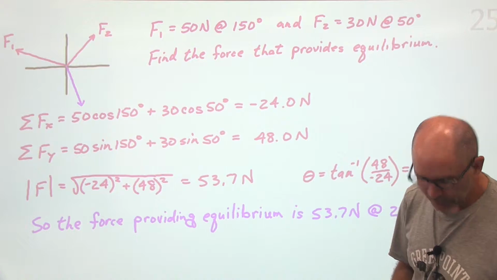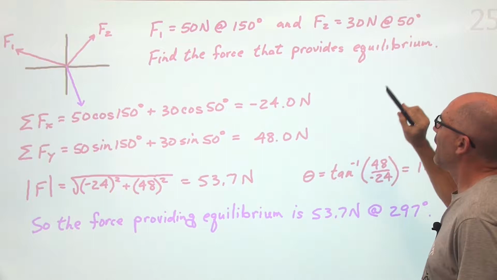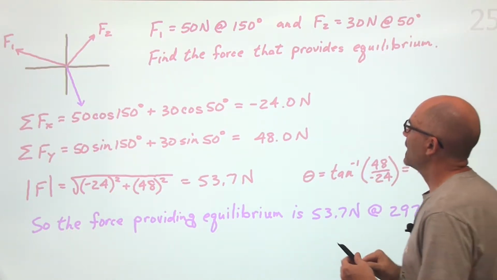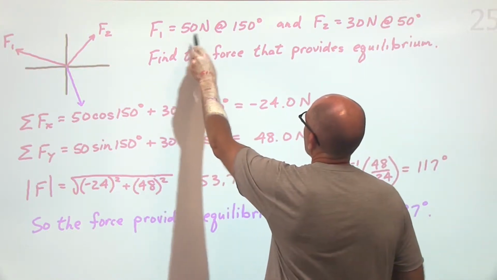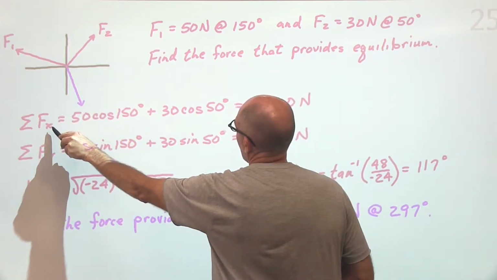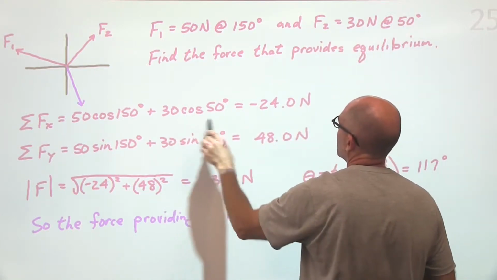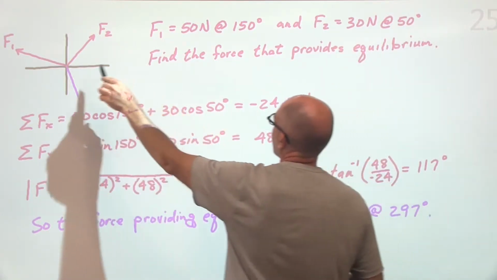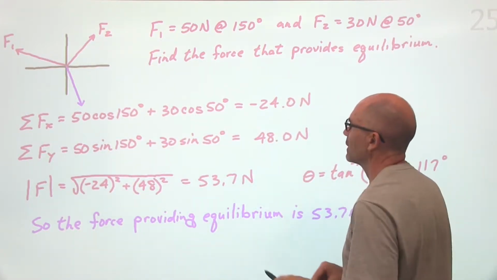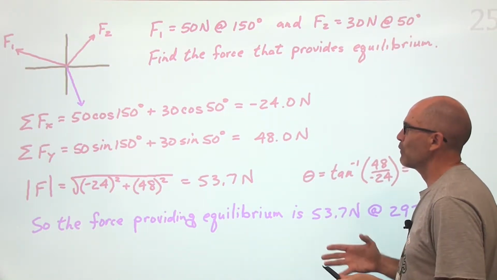Okay, so we've got these two forces. Now what we want to do is find the x components of each force. So I take my first force and I go 50 cosine of 150. That's the x component of my force to the left. Now 30 cosine of 50 is my x component of force 2. So I take x plus x equal total x. Then I want my y components of both forces.